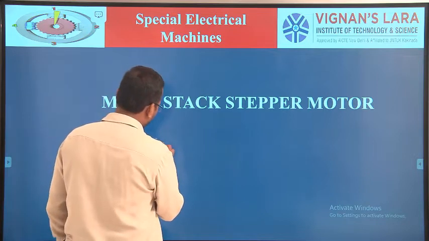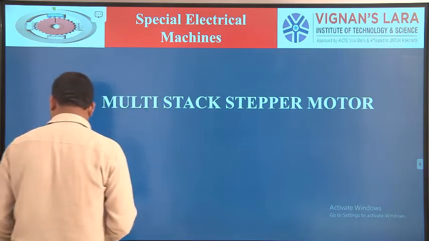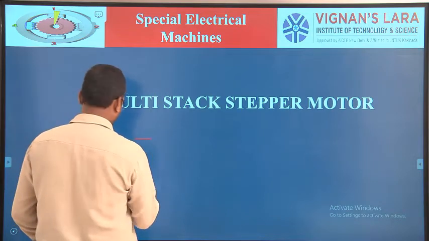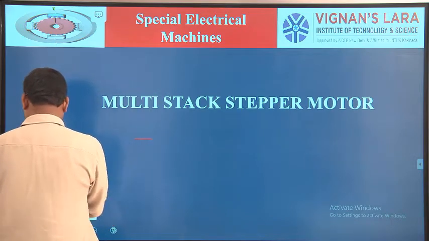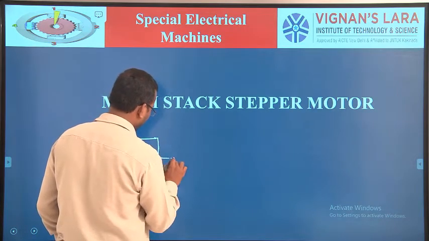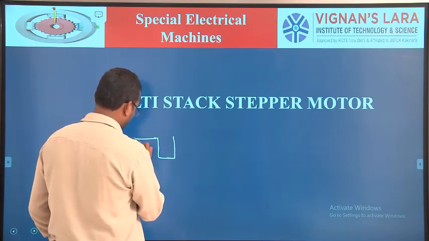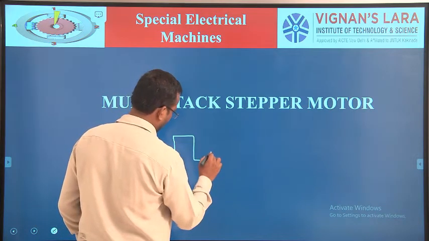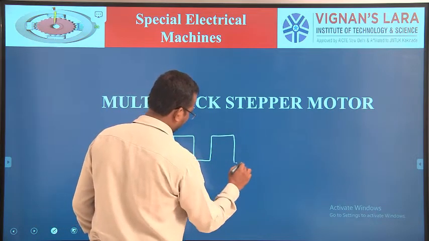So this is your stator, with the tooth pitch like this.